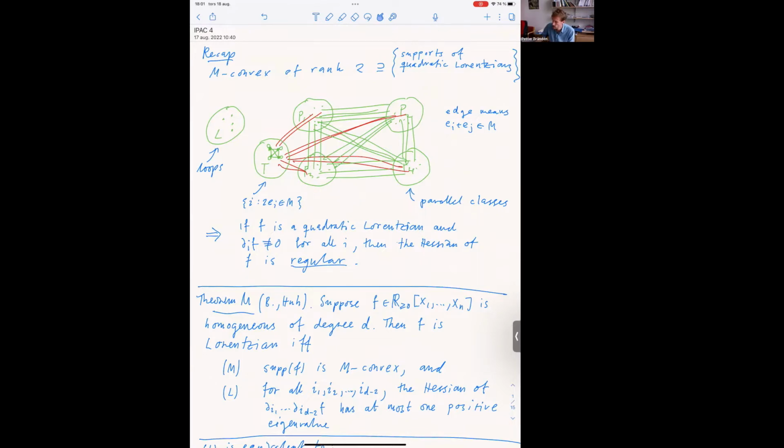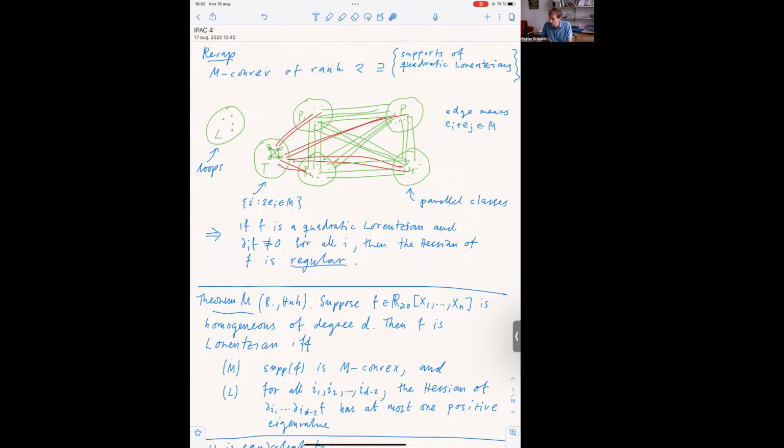We have some loops that are not in the support at all, and then we have the parallel classes, as in matroid theory, and then we have these special elements, the set T, which were the ones where 2e_i is in the M-convex set, and then we concluded that we have a complete graph here, and by an edge between i and j, I just mean that e_i plus e_j is in the set.